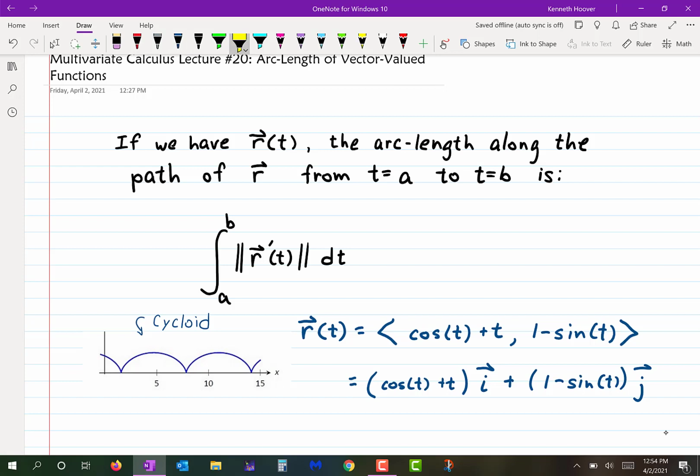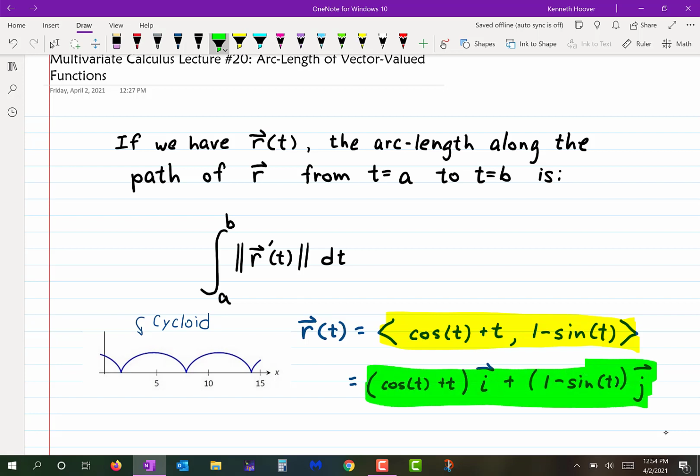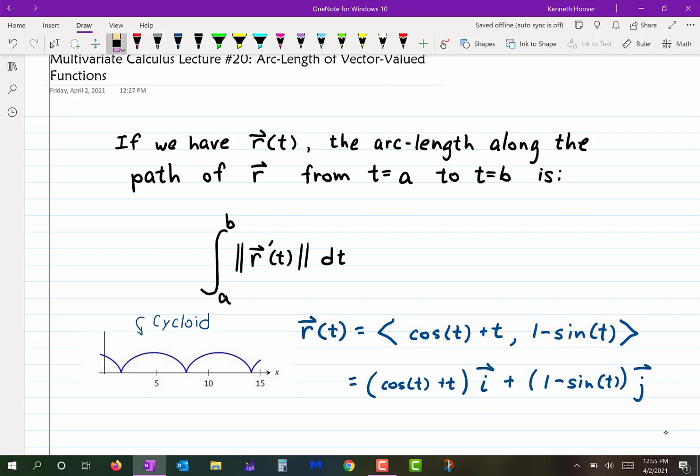This up here is written in component form. It's got an x component and a y component, or some people call those an i component and a j component. And this is written as a combination of the standard unit vectors i and j. Whichever way you prefer is fine. I prefer the first one.